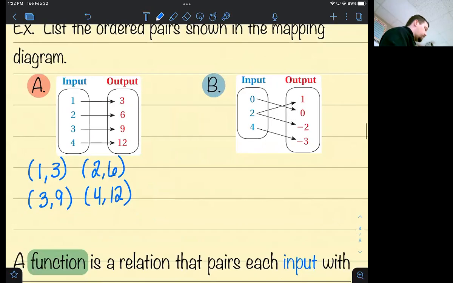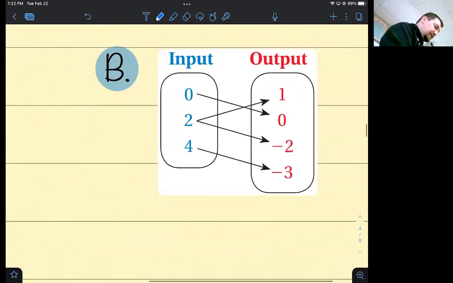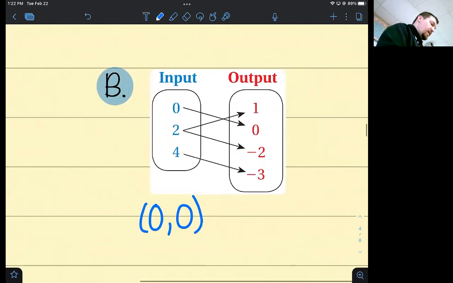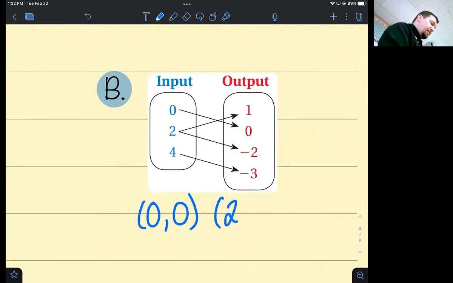Example B. When x is 0, what's the output? 0. When x is 2, what's the output? Julia? Yeah, so I need to list them both. When x is 2, y can be 1 or y can be -2.